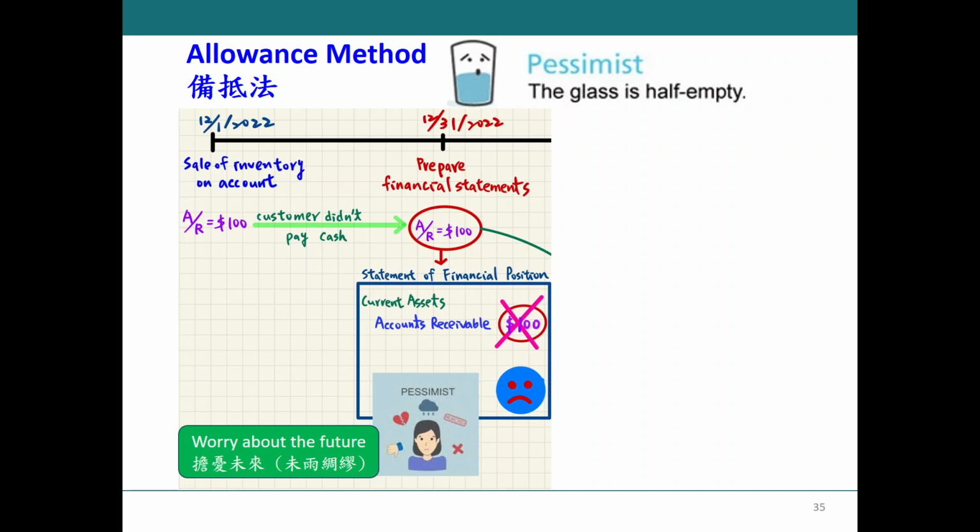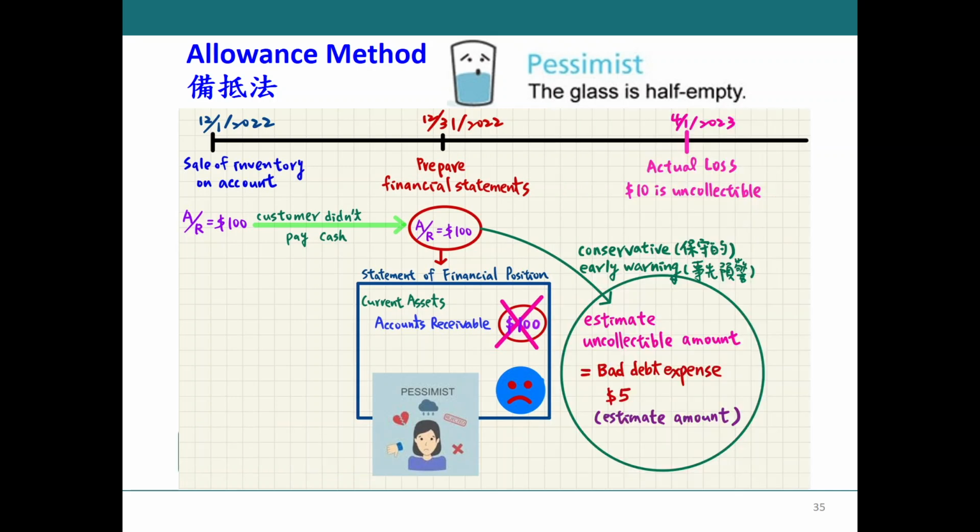If I estimate after considering the whole situation, this company's financial situation and credit conditions, I think maybe the risk is $5.